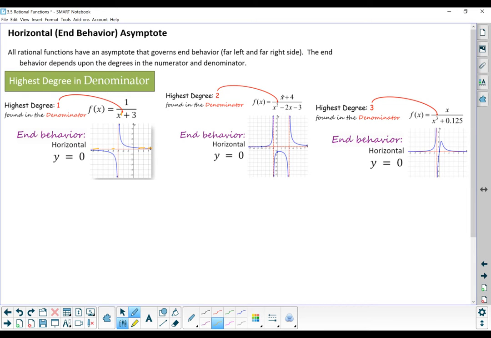Here we have an x with the power 1 on top and an x with the power 2 on the bottom. Since that higher power is in the denominator, that gives us that asymptote at 0. And on this one, we have power 3 on the bottom and power 1 on top. So again, we get that asymptote at 0. If the higher degree is in the denominator, you are going to have an asymptote at y equals 0.